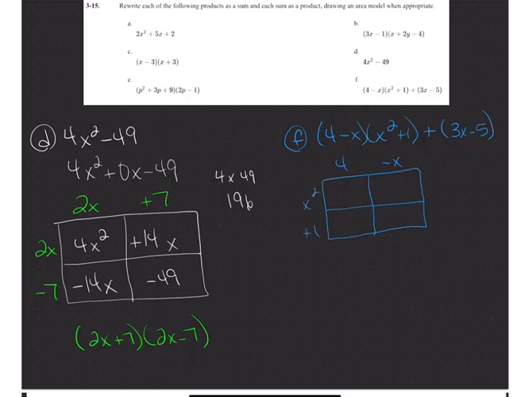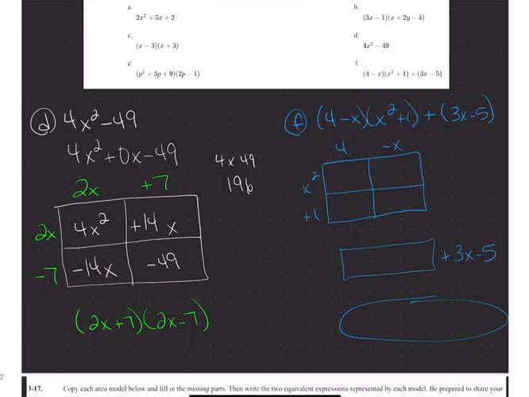You're going to fill out all of that. You're going to simplify it down. And then you're going to add that 3x minus 5. Combine like terms, and then you're going to get that new answer. Alright. Beautiful.